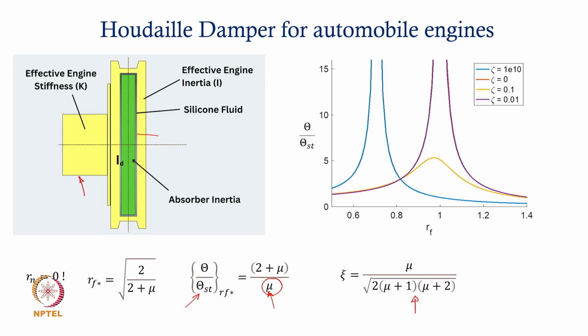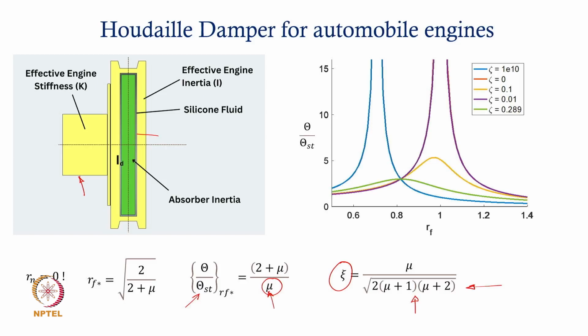Okay, so if you want to know how this zeta is calculated, there are expressions for which the design parameters will be the clearance in that space, the viscosity of the fluid, and the dimensions of the disc. Those expressions can be used to adjust the design parameters like the diameter and the clearance, so that you get an effective zeta equal to what you have calculated from this particular expression.